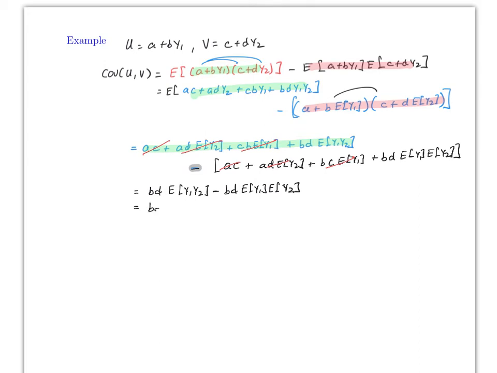So you can factor the BD, so this will be the expected value of y1 y2 minus the expected value of y1 times the expected value of y2, which, by definition, is just the covariance. So therefore this will be BD times the covariance between y1 and y2.